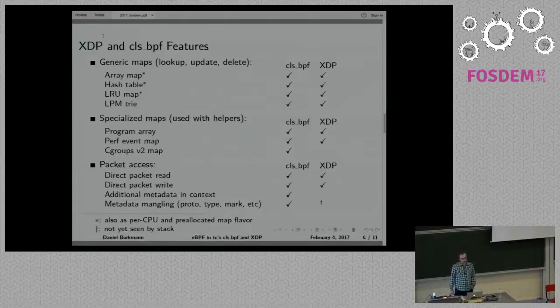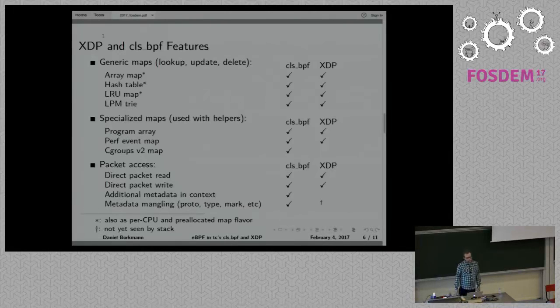They are all available for both types. And for the array, hash, and LRU, you also have per-CPU variants, and there's also a possibility to pre-allocate the whole memory, so you have a pool, and you don't have to allocate your elements through the normal kernel allocation facilities.